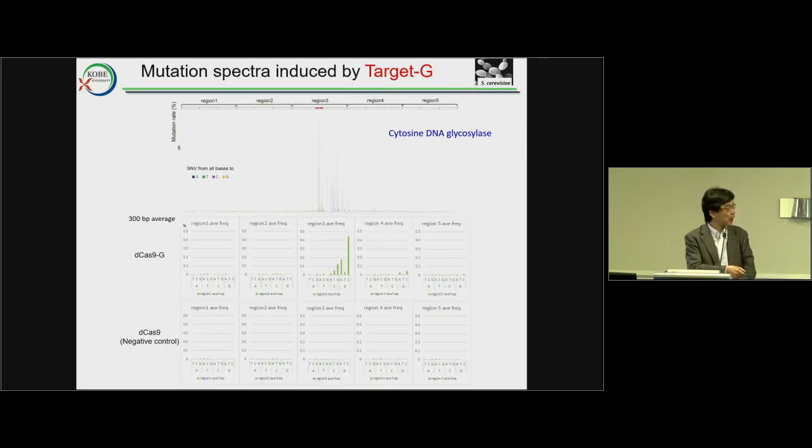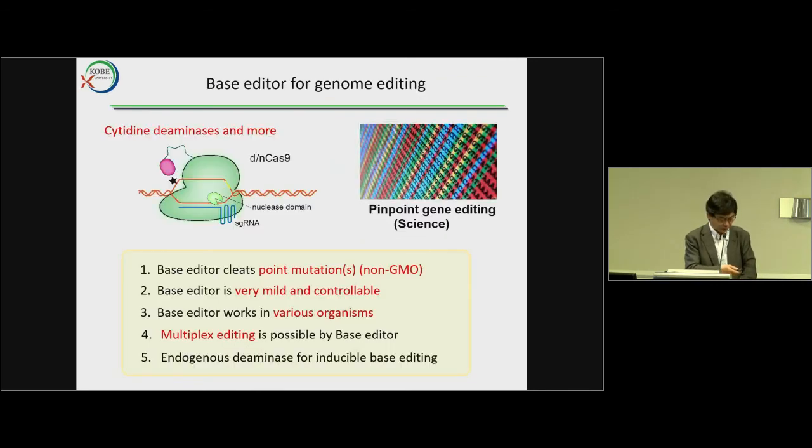If you analyze the mutation spectrum, sorry, it's very small, but the C or G to A, T, G change, we can introduce this kind of change by utilizing the glycosylase systems. So not just the deaminase system, but we can also utilize another type of DNA modifying enzyme system to create different types of mutations.